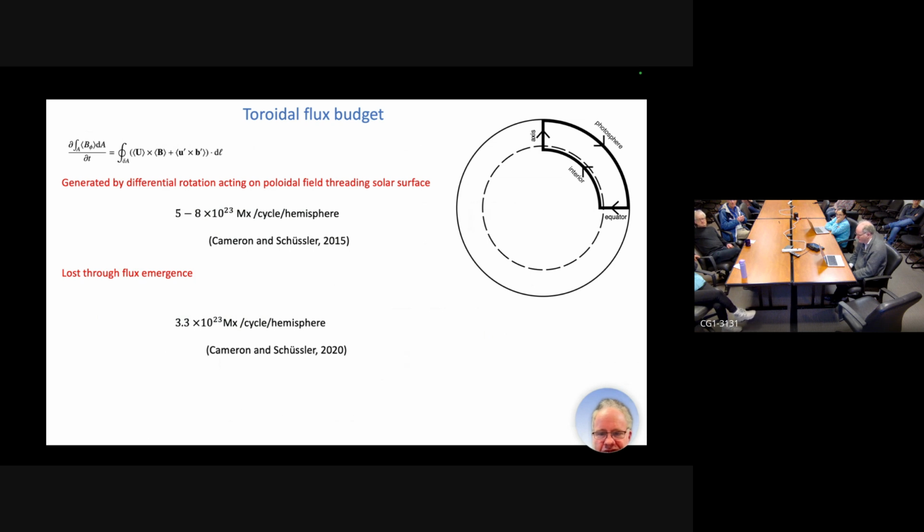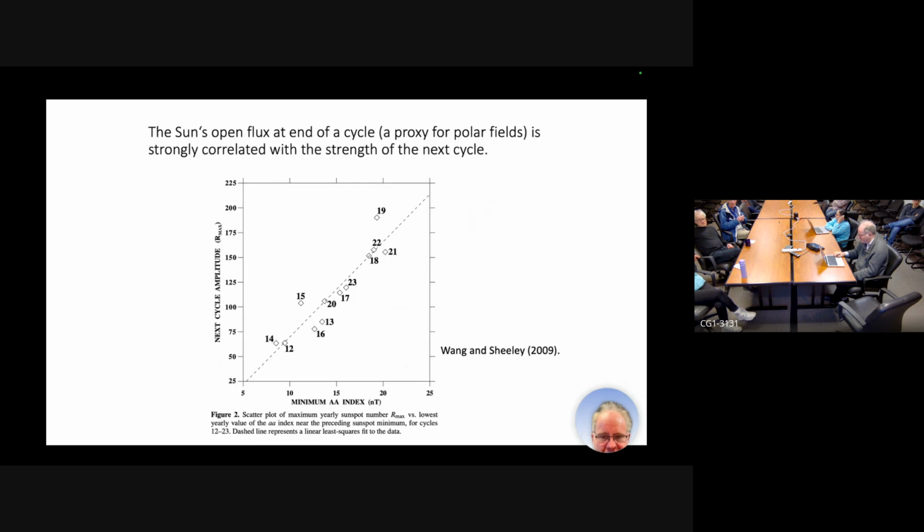And the point I want to make is basically that what we generate by winding up field which threads through the surface of the sun is what we lose through flux emergence. I will show next that when we generate more toroidal flux, we have more flux emerge.